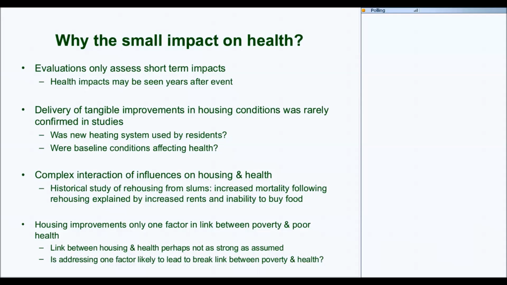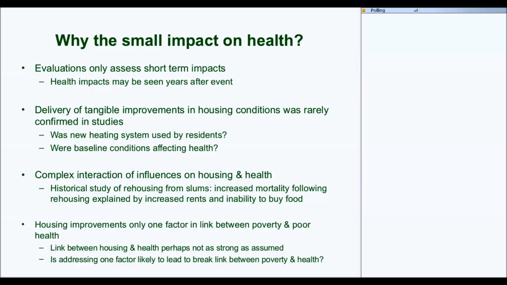One of the studies that we discovered among the historical slum studies has quite a useful lesson. They rehoused people from Newcastle in the UK, from slums to modern self-contained housing, followed them up for 5 years, and had a control group.